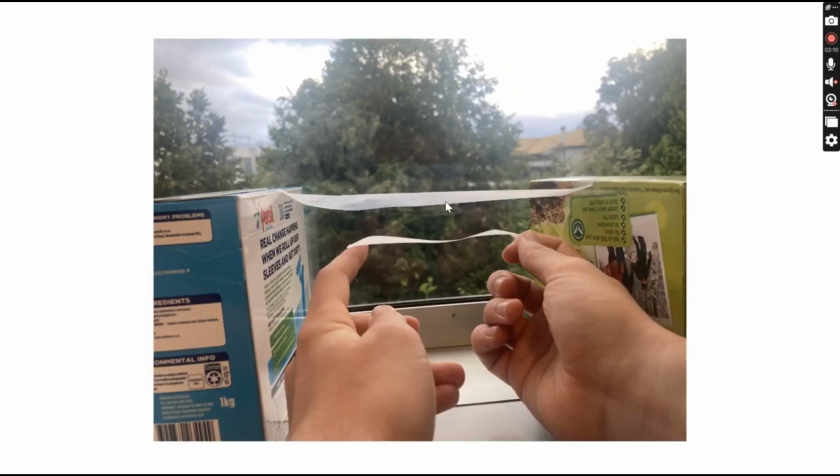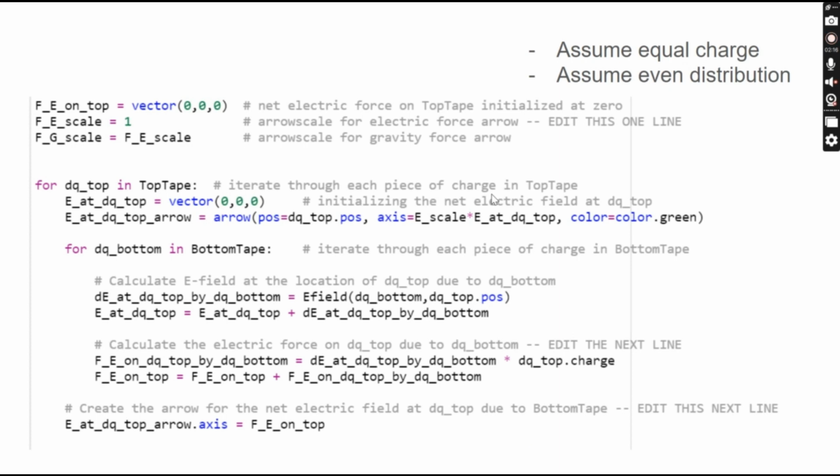And we also made the assumption that this system has the initial condition of having that set charge and being at rest. And so this new computational model makes use of a nested loop to compare each piece of charge in the bottom tape and see the force that it creates on each charge in the top tape.